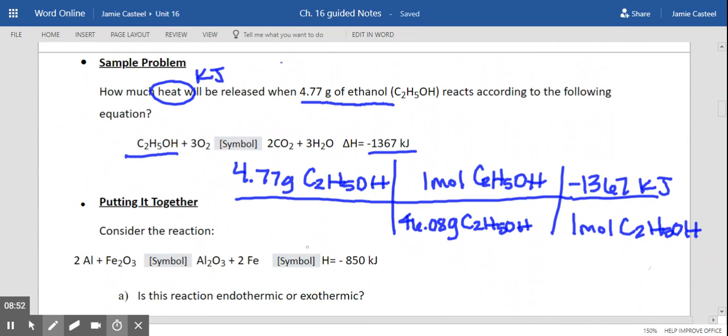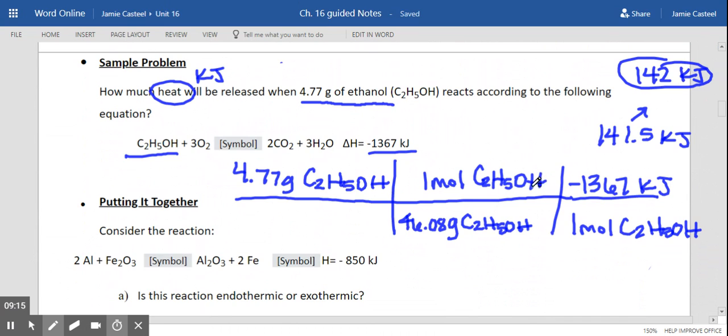And you'll get 141.5 kilojoules released, which if I use my significant figures, I'll round that to 142 kilojoules released.